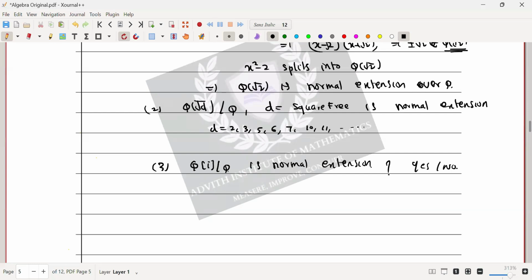So what is the minimal polynomial of i? Let alpha equal i. So we need to find the minimal polynomial. x squared equals minus 1, so x squared plus 1, which belongs to Q[x].